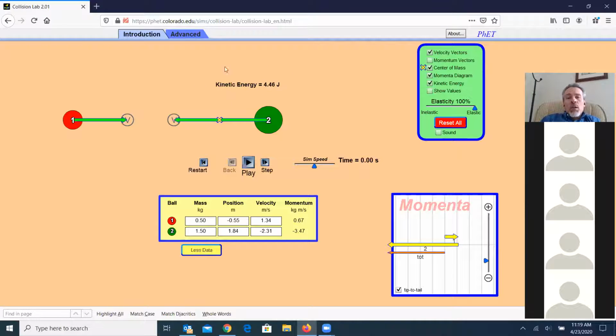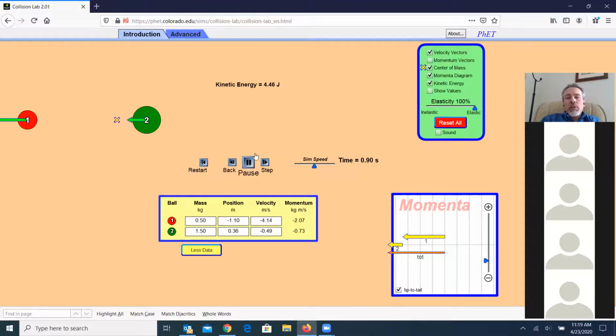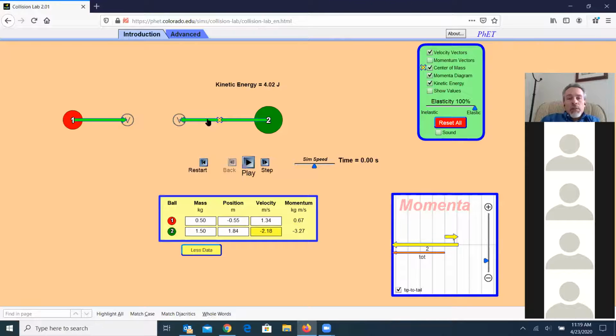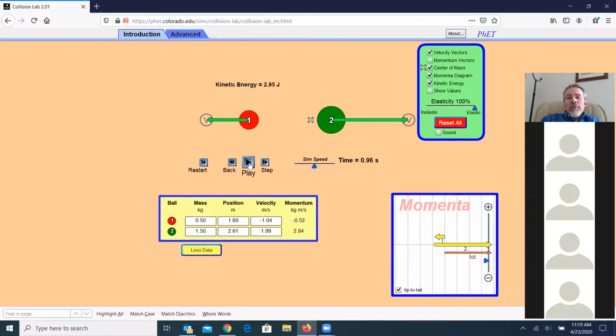Can you look up here, watch the kinetic energy. I want you to watch the kinetic energy. This is before the collision. It's about 4.46. I'm going to hit play. After the collision, it's still 4.46. Let me do a different one. So let's have this one going this way. Before the collision is 2.95. After the collision is 2.95.